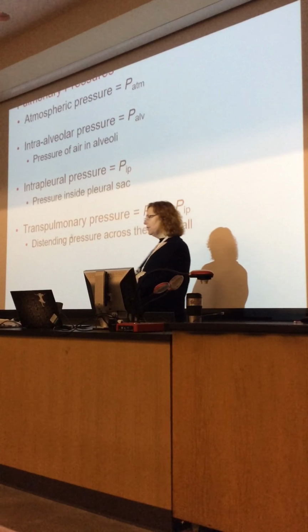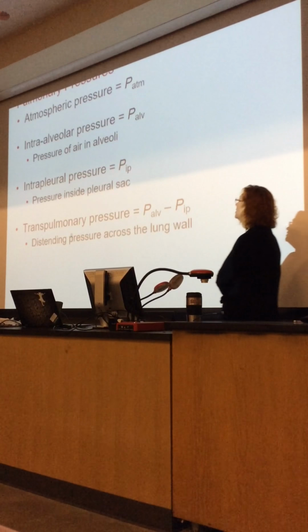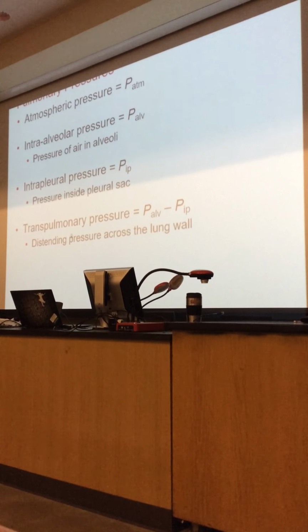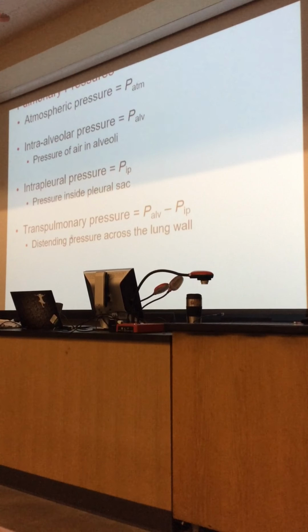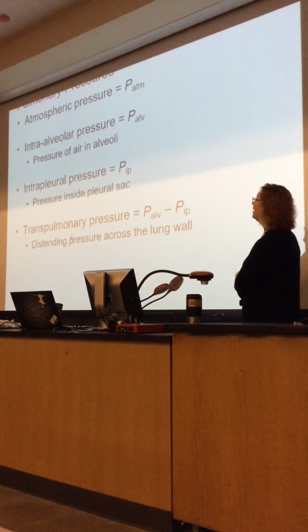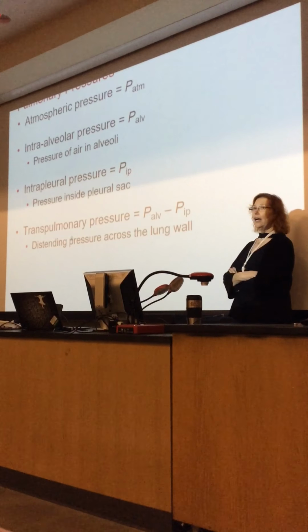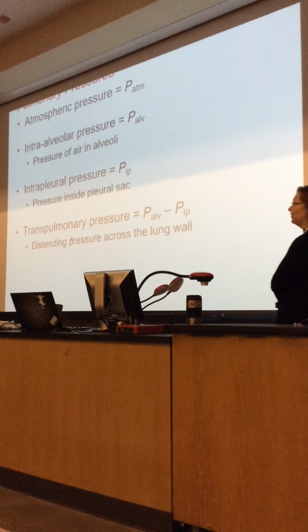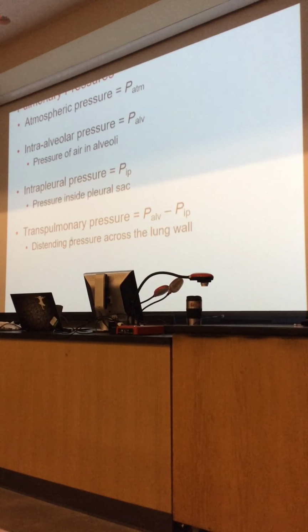Okay, really quickly, and we're going to look at these in more detail as we go through. And again, Monday people, I know you saw this, but I'm going through it more quickly. Atmospheric pressure. That capital P in italics is always referring to pressure. PATM is the pressure of the atmosphere at any given latitude.